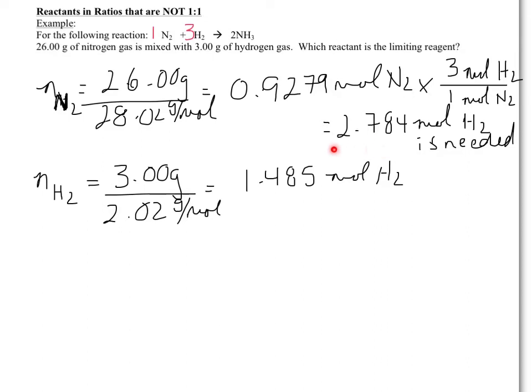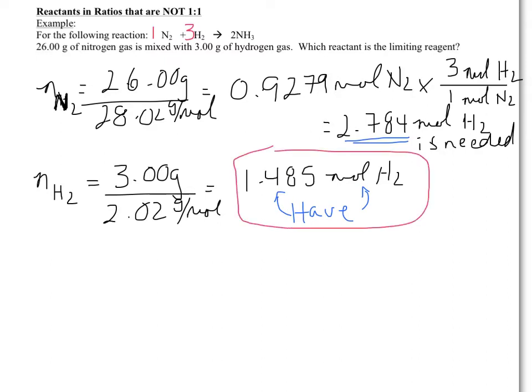So here's the amount of H2 you have, and this is what you need of hydrogen gas. Do you have enough is the question. No, you do not. So therefore, this is your limiting reagent.